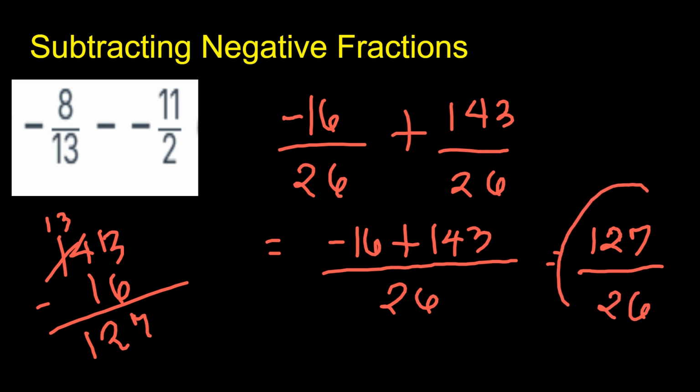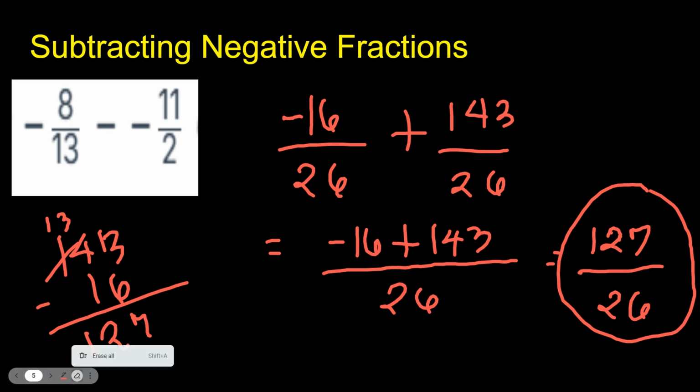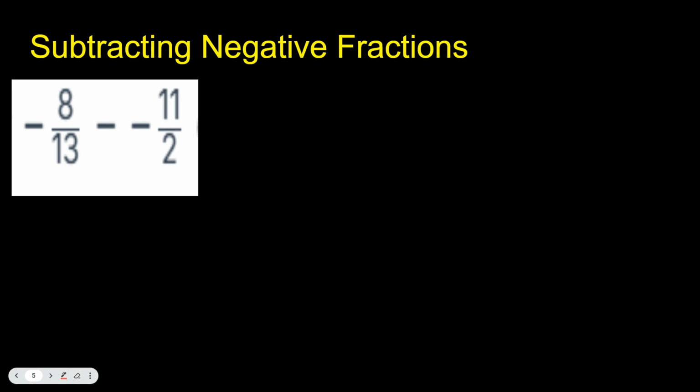As you can see, if you want to change this to mixed form, we actually can. Our answer is 127 over 26, but we can change that to mixed form if we like. That depends also on your test; if the direction tells you to change it to mixed form, then you have to follow the direction given to you.